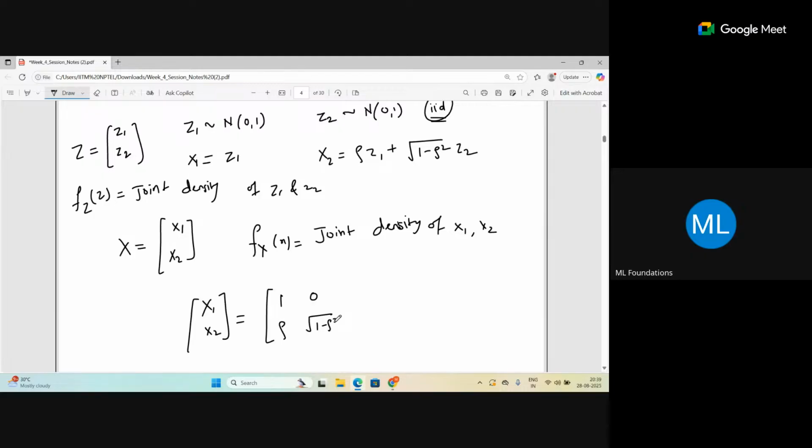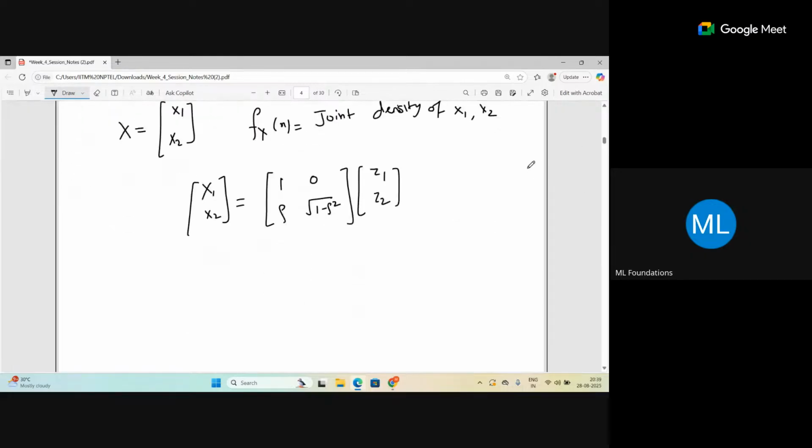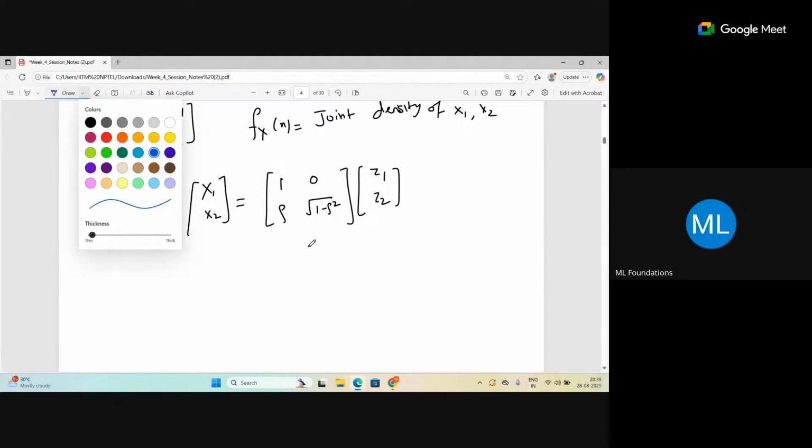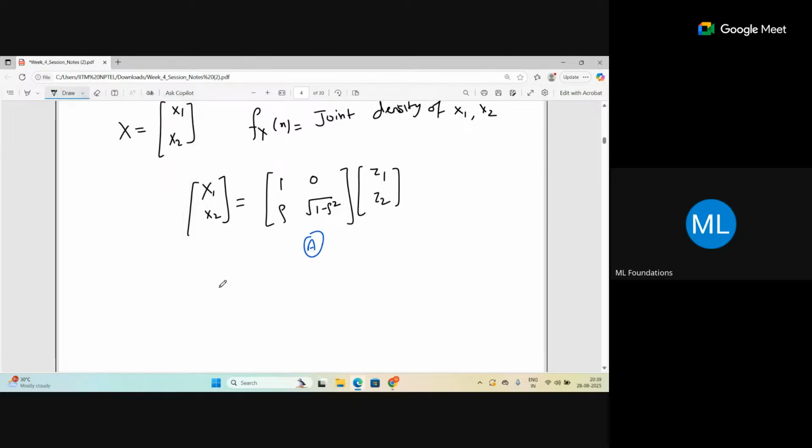If you multiply this, you'll get this. So in a compact way, we said this is matrix A. If you followed my lectures previously, the vector X can be written as A Z. And now I know the density of Z, so I can write Z as what? A inverse X.